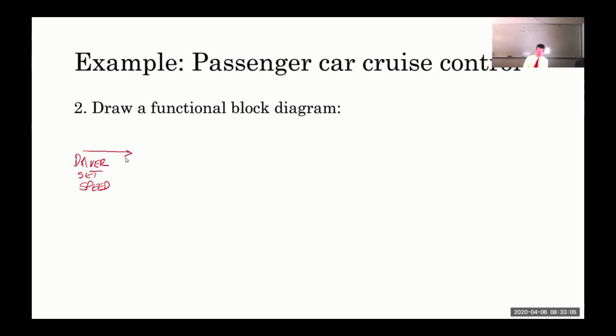It's not a system. And the other relevant quantity, or the output of this entire system, is going to be the actual speed of the car. So, big old blank space in the middle there to fill in the important bits.